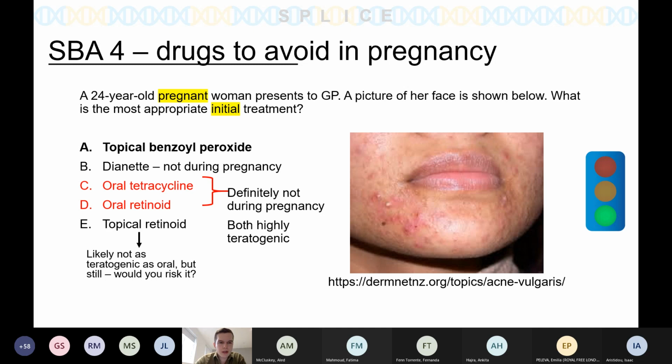And topical retinoid, I googled this. Maybe in reality you can give it. Who knows what the systemic absorption is of topically applied retinoid, but do you want to be the one to give a known teratogenic drug? Probably not. So benzoyl peroxide's a good choice. And this was moderate. It's a picture maybe of a guy, but whatever, it serves a purpose for the question.